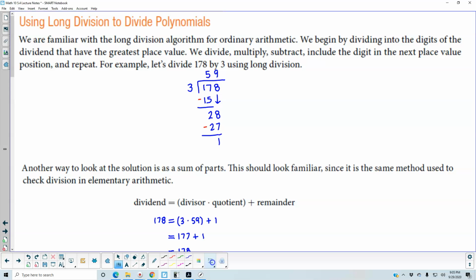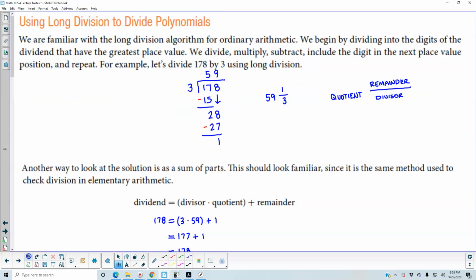Now, can 3 go into 1? The answer is no. We're not looking for a decimal here. So what we can say here is this is 59 and 1 over 3. So this is saying that we have the quotient with the remainder over the divisor.